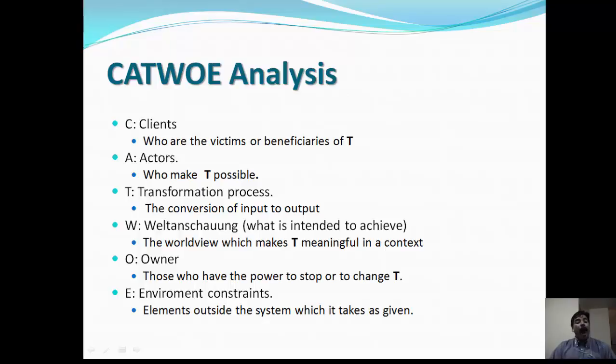We also have an owner, and the owner is the one who has the power to stop or to change the T. And in a gas station, it's very simple. It is the director, the general manager of the gas station. We also have environment constraints, elements outside of the system which it takes as given. So there are some aspects of the environment that can make things worse or can make things better.